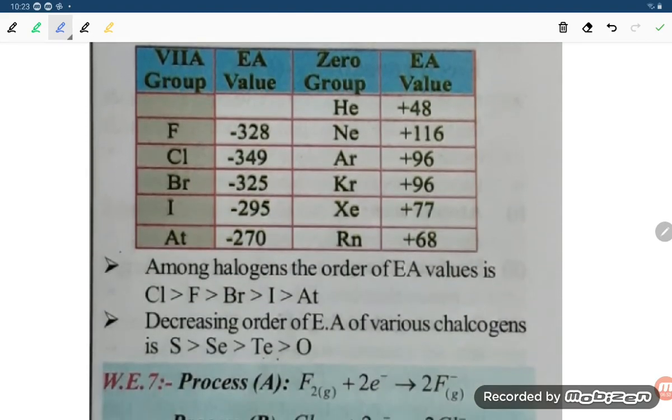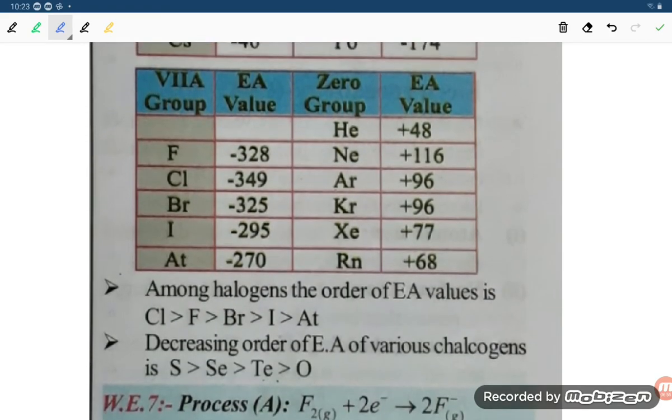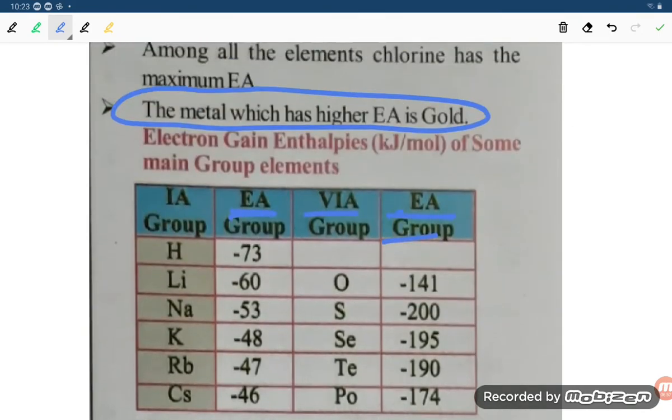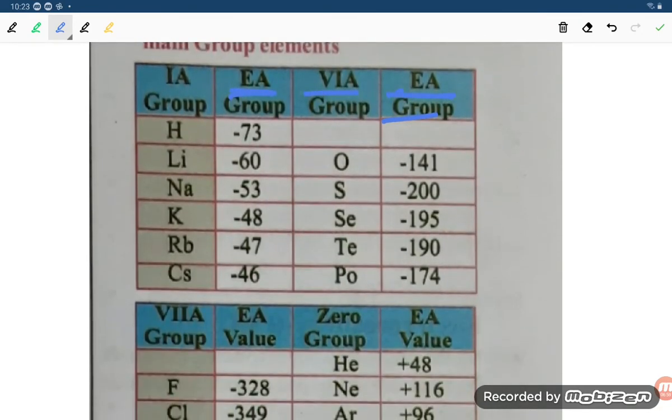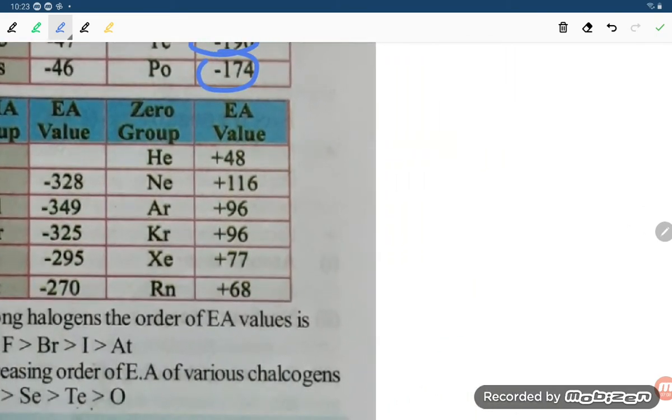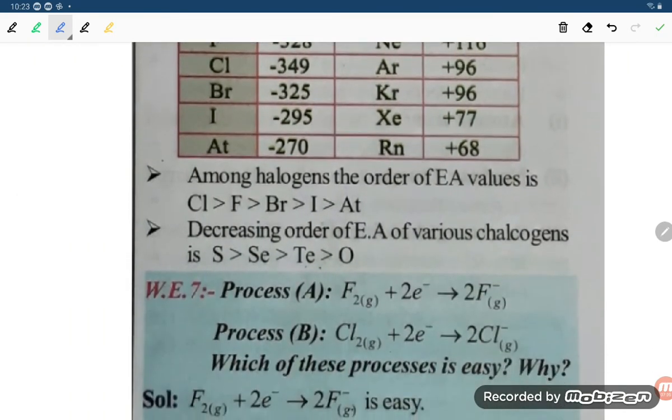For the six group, 141, 200, 195, 190, 174 are mentioned here. Among the halogens, the order of electron affinity value is chlorine, fluorine, bromine, iodine. The decreasing order for the chalcogens is sulfur, selenium, tellurium and oxygen.